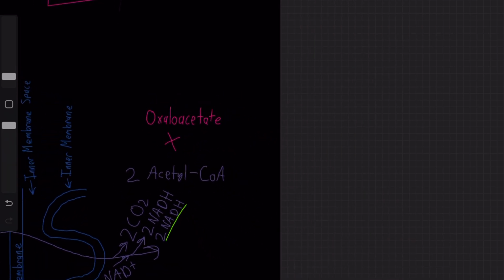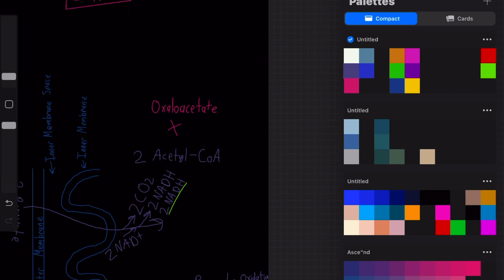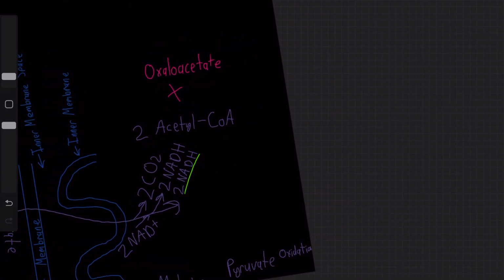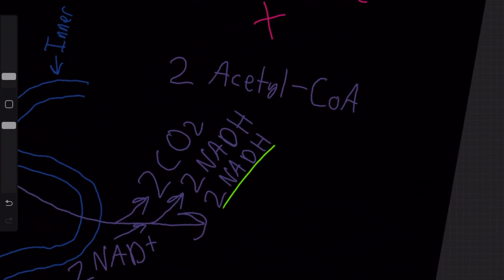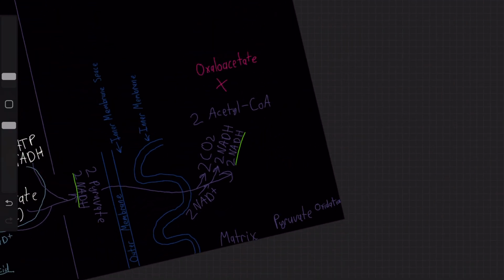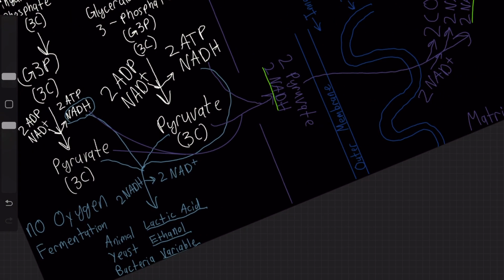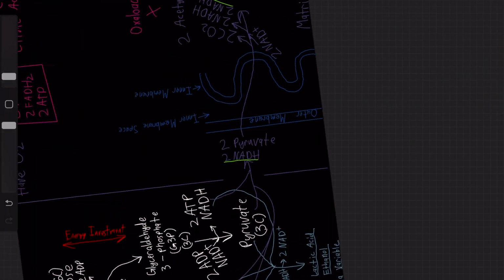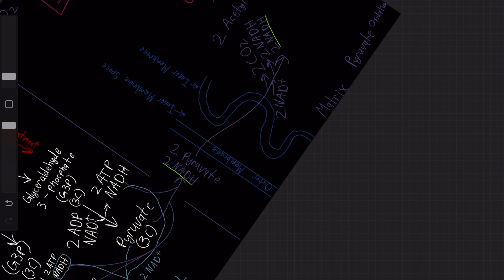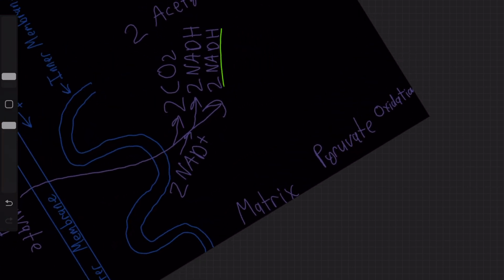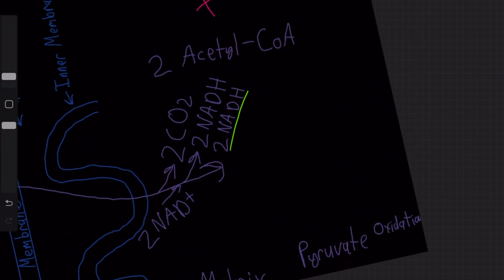And remember, I almost forgot to mention this. The acetyl-CoAs lost 2 carbons. Pyruvate has 3 carbons, so we have 2 pyruvate, which means we have 6 carbons here. And we lost 2. That means we have 4 carbons.